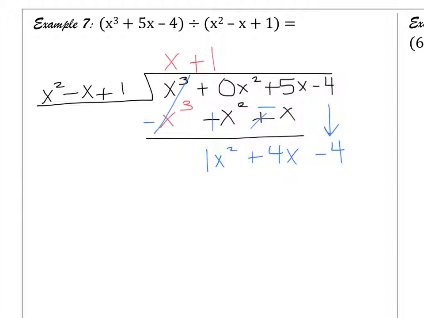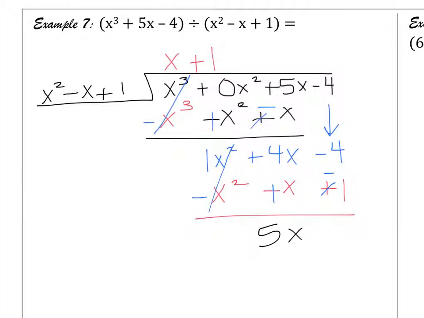So if I multiply all of this by 1, it's going to be itself. So I'm going to copy it down. And since I'm subtracting, I need to change the sign. So x squared minus x squared will cancel out. Plus 4x plus x, that's going to be a 5x. And negative 4 minus 1, that's going to be a negative 5.